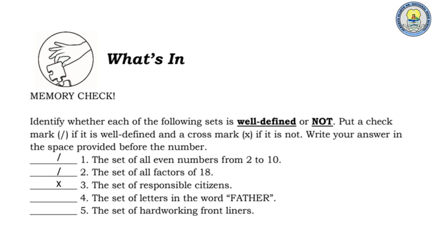How about number 4? The set of letters in the word father. Can we identify how many elements are there in the word father? Well-defined or not? It is well-defined. Check. So what are the elements?